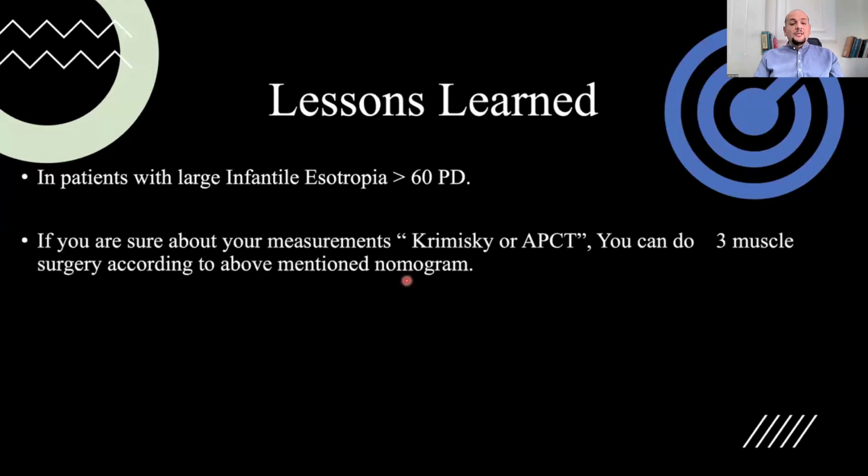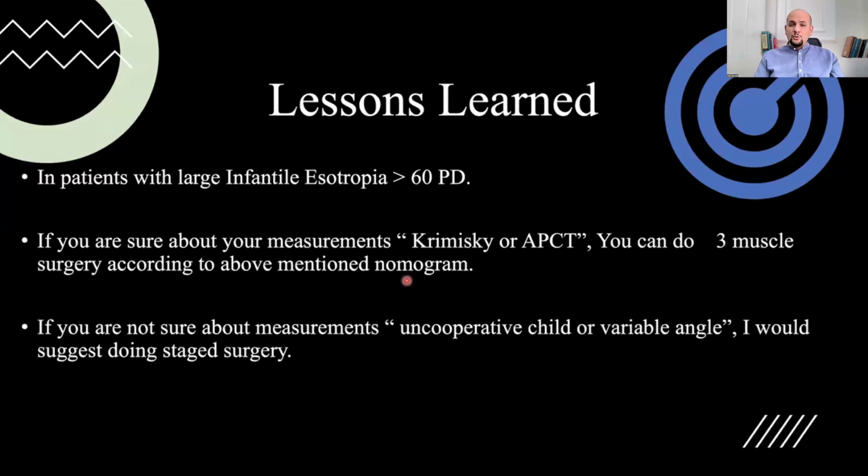So lessons learned from this case: in patients with large infantile esotropia, which is more than 60 prism diopter, if you are sure about your measurements, whether Krimsky or the gold standard alternate prism cover test, you can do 3-muscle surgery according to the nomogram that I have shown. If you are not sure, if you are getting variable measurements in different visits, or the child is very uncooperative and you cannot get proper measurements, I would suggest doing staged surgery.